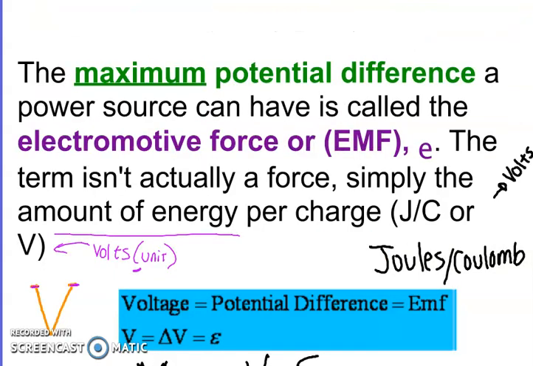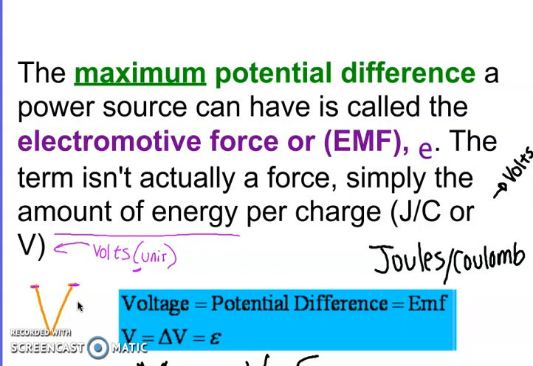The maximum potential difference a power source can have is the electromotive force, or EMF. We can represent that with a capital V. I usually put the little lines on the top, as you see here, just so that it's obviously a capital V and not a lowercase v for velocity. We measure voltage, or EMF, in volts. That's the unit.